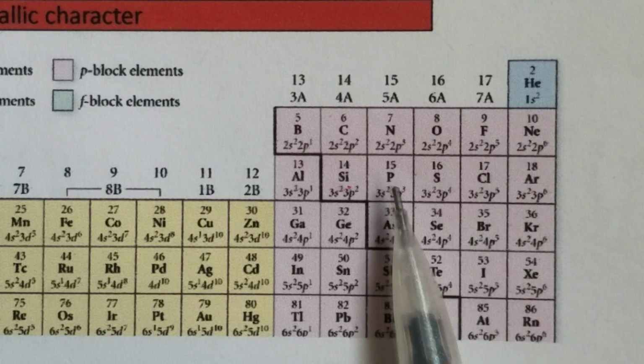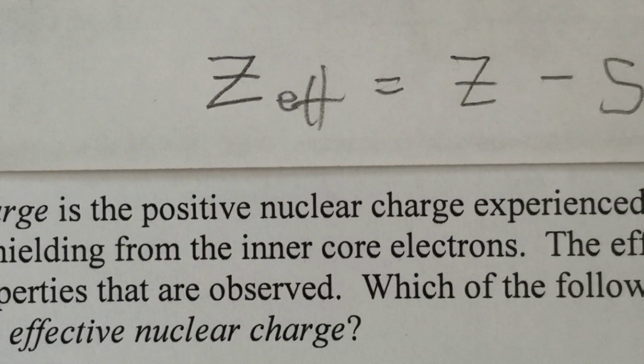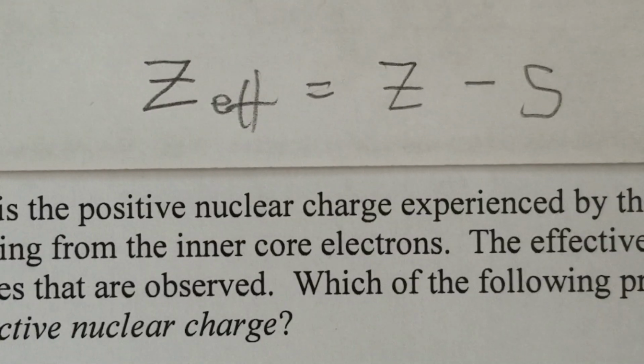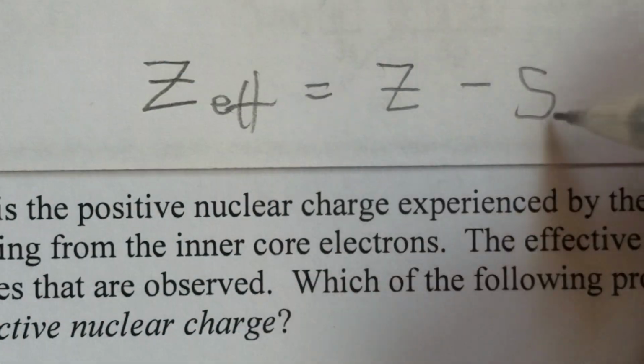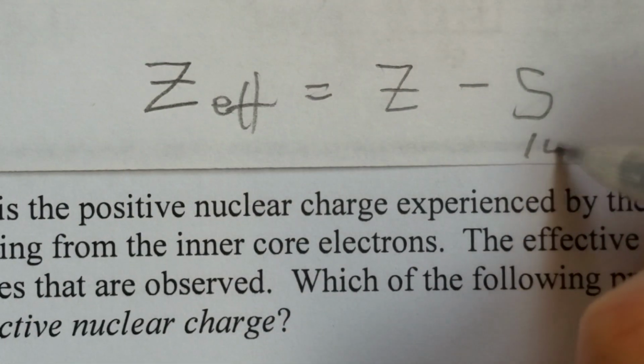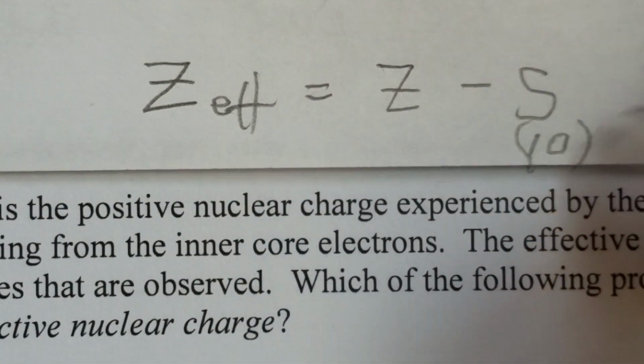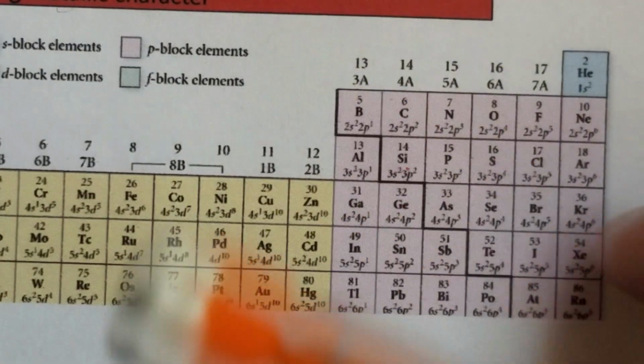So in this case, the S is fixed, so that should be 10 for all of the elements in the third period.